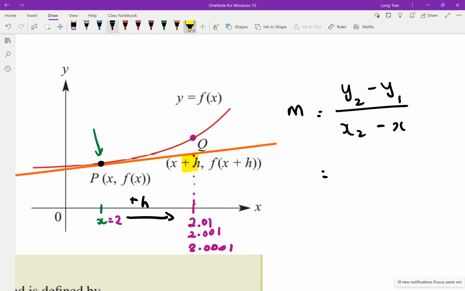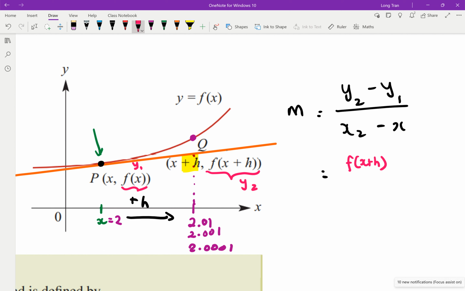But what we're going to say is, to find out this value, or the gradient, you would do y2 minus y1. This is my y1. This is my y2. So you've got f of whatever x plus h is. For those who are confused, f of x plus h just means if this is x plus h, you'd sub that into the function, and that's how you get your y value.